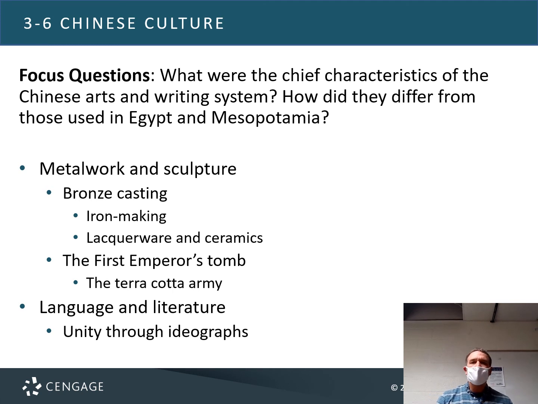The art of bronze casting deteriorated for two reasons. The first was the rise in popularity of ironworking, and the second was the development of cheaper materials such as ceramics and lacquerware.